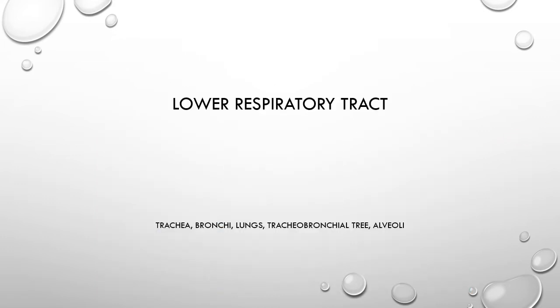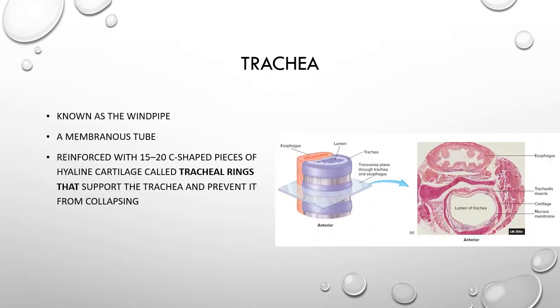Let's go deeper into our respiratory system, into the lower respiratory tract. Your lower respiratory tract consists of the trachea, bronchi, lungs, tracheobronchial tree, and lastly the alveoli. So we will discuss one structure at a time.